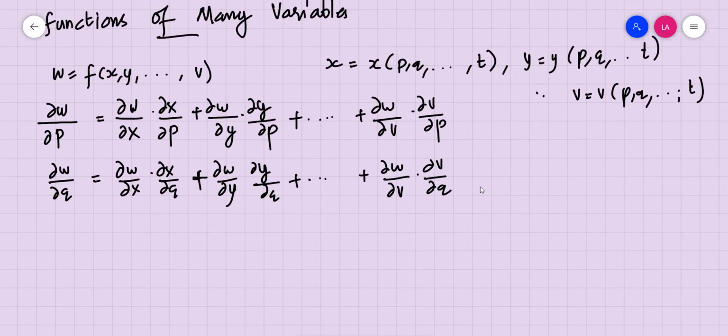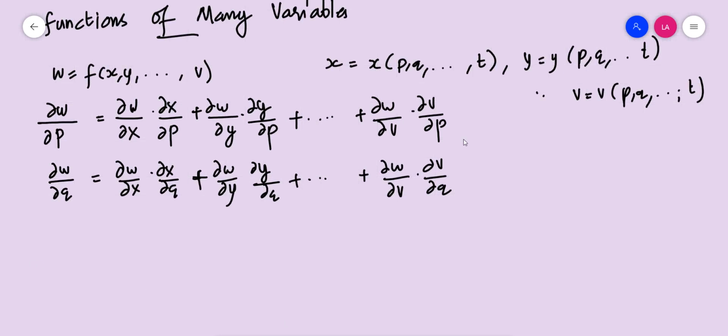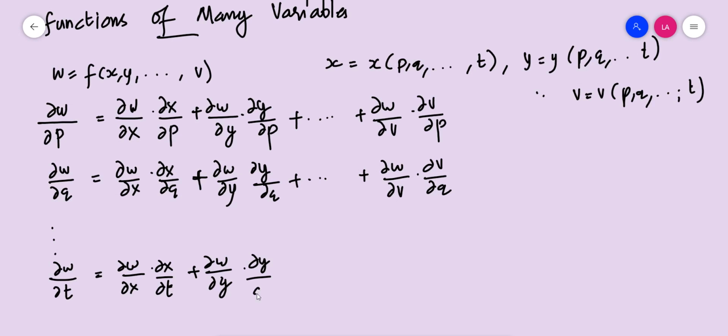Lastly, in terms of t, dou w by dou t is equal to dou w by dou x times dou x by dou t, plus dou w by dou y times dou y by dou t, plus etc., dou w by dou v times dou v by dou t.